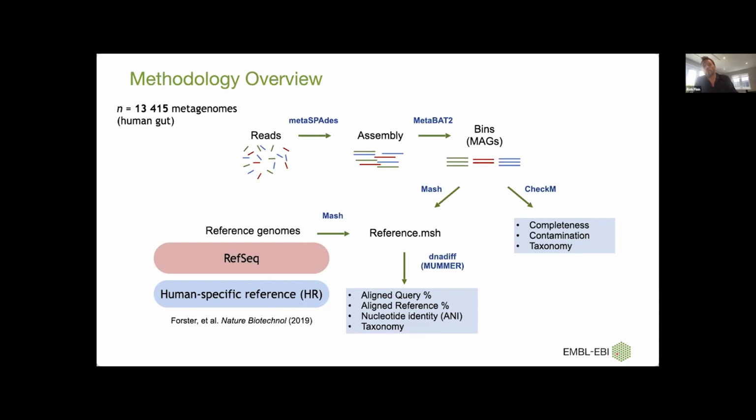Trevor Lawley's group had been culturing a lot of bacteria from the gut microbiome using quite sophisticated culturing techniques. So we had access to a lot of genomes that weren't in the reference databases, but we could also go to the reference database.